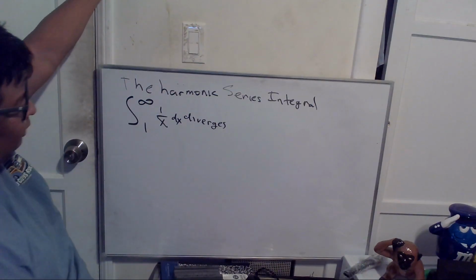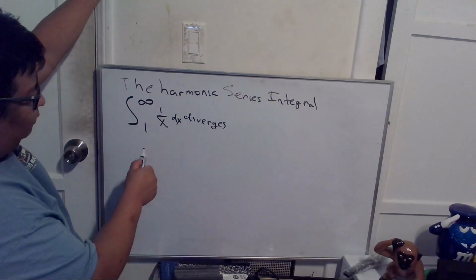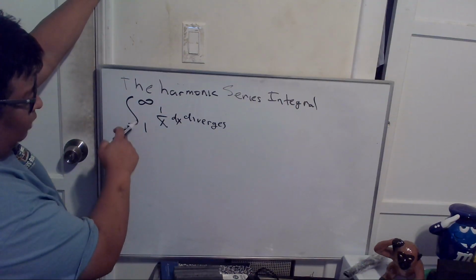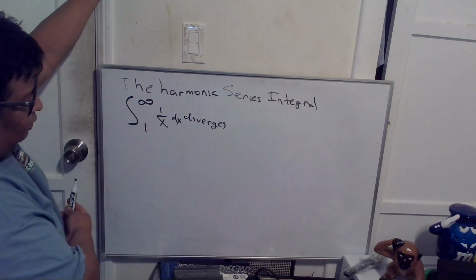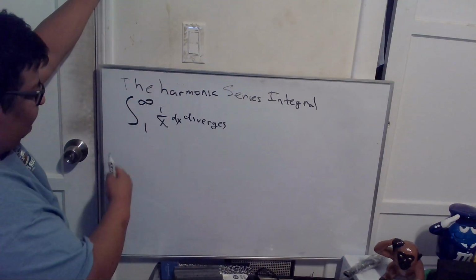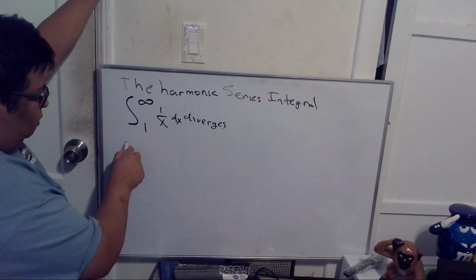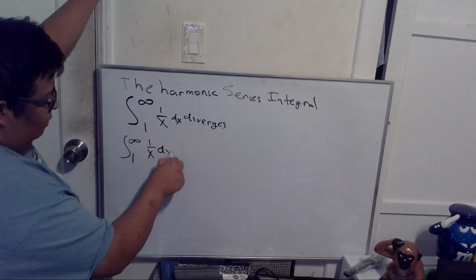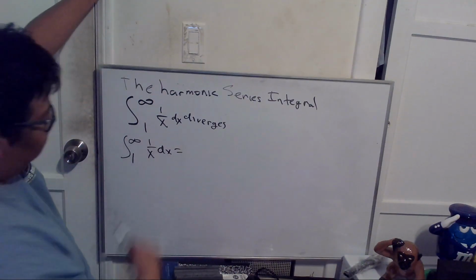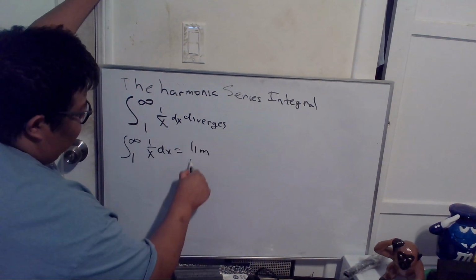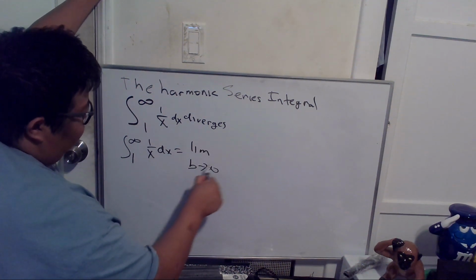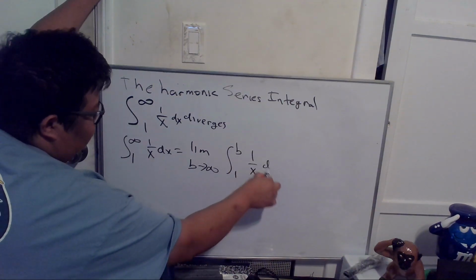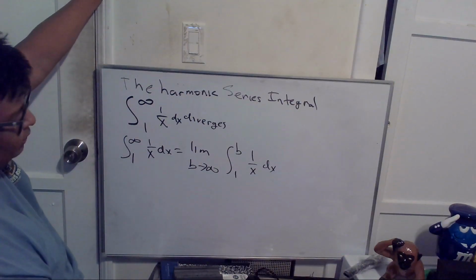From another video, I told you how to solve this integral using the definition of limits at infinity. The way you would do it is as follows. The integral from 1 to infinity of 1 over x dx is equal to the limit as b approaches infinity of the integral from 1 to b of 1 over x dx.